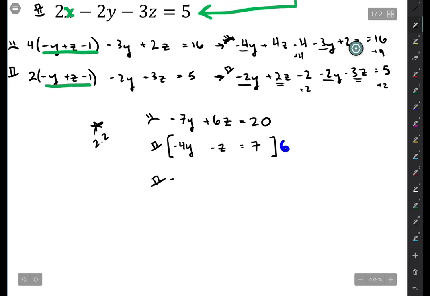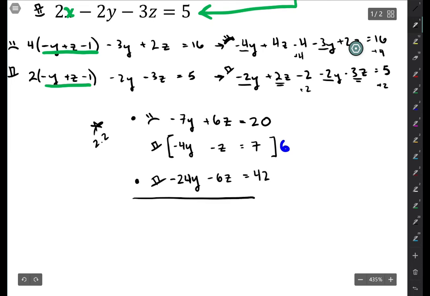6 times negative 4 is negative 24y minus 6z equals 42. So again, it's going to be important to stay organized. I know my smiley faces and such are silly, but stay organized. So now I'm just dealing with frown and the new hat.